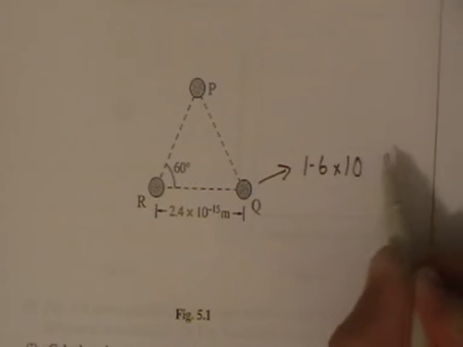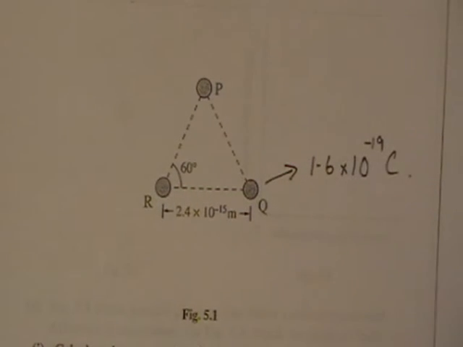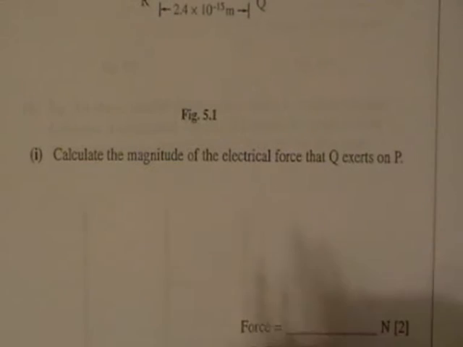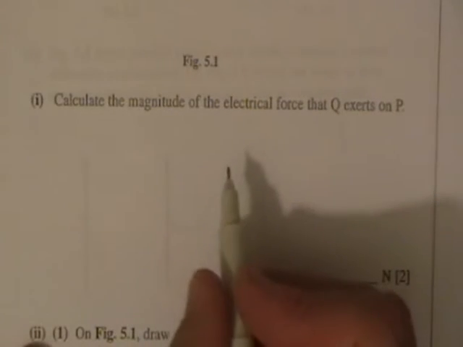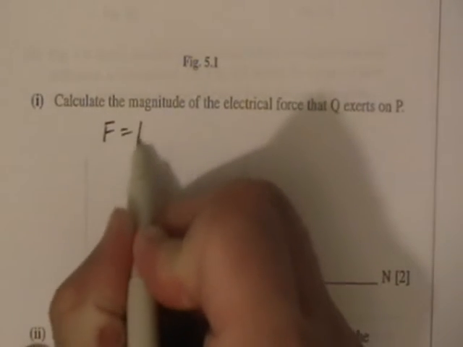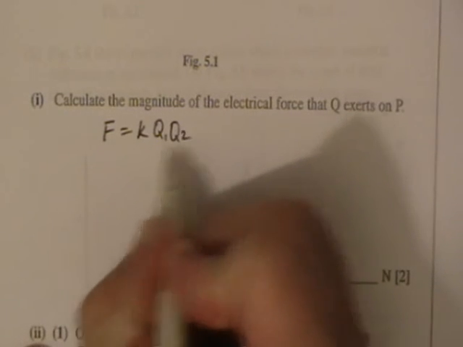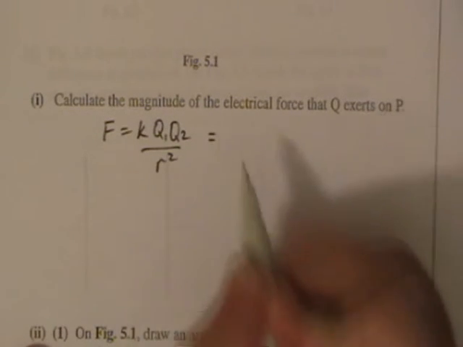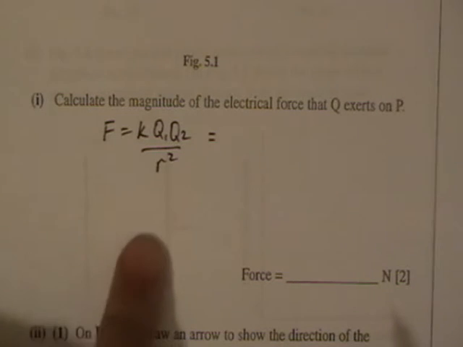So remember, the charge on this is 1.6 times 10 to the minus 19 coulombs, because it's a proton, a positive charge of that. So for the magnitude of the electrical force, we're going to use F is equal to K times Q1 Q2 over R squared. That's Coulomb's law.